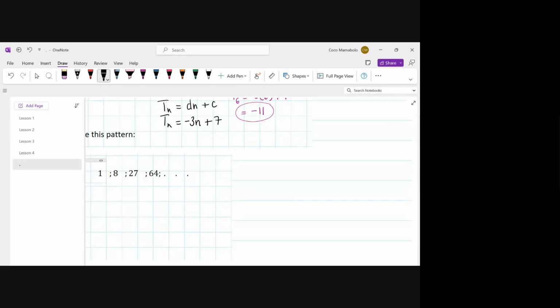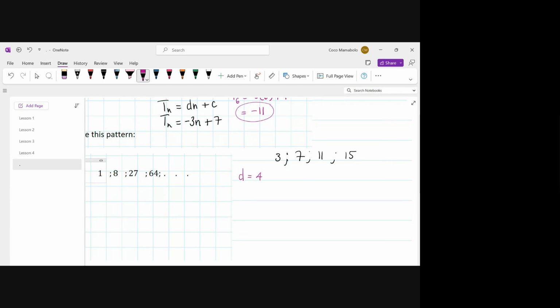If I give you the sequence 3, 7, 11, 15. What's my common difference here? How do I get from 3 to 7 and then from 7 to 11 and then from 11 to 15? We plus 4. So we know that our common difference is 4.